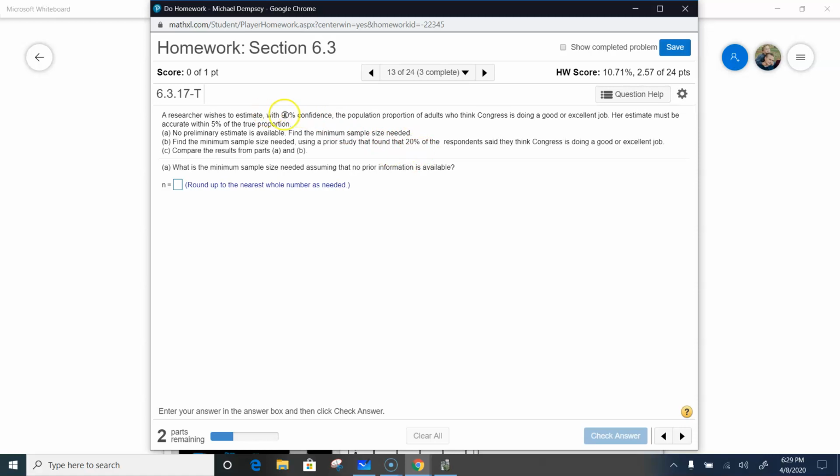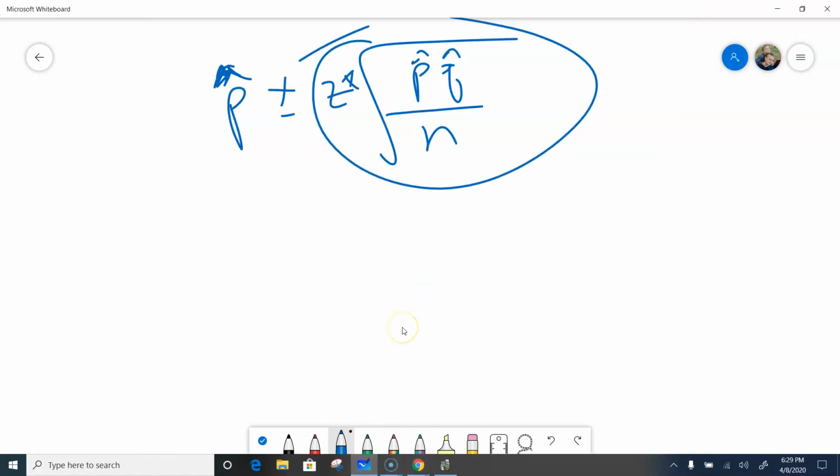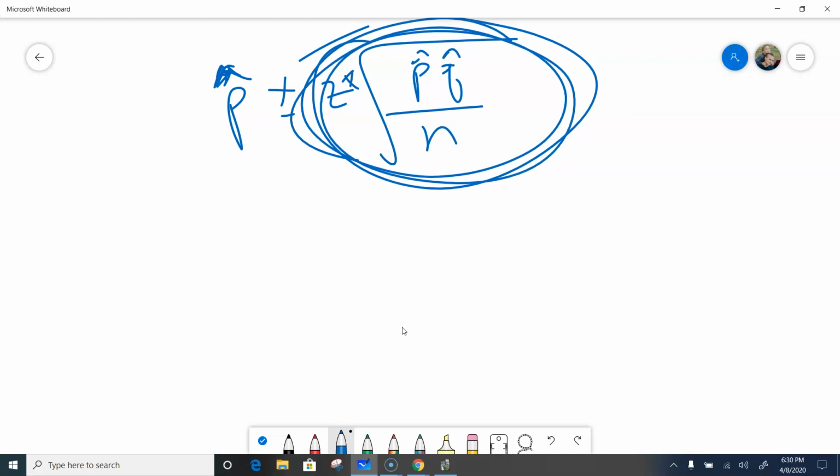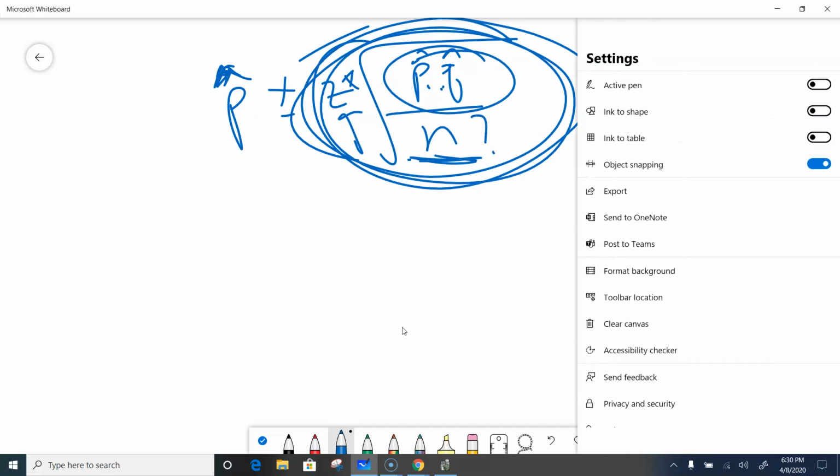Okay, for 90% confidence, the z-star is going to be the same every time. We're basically dealing with this formula right here. Okay, and we want this margin of error to be a particular value. We'll have z-star. If we have no estimate, I'll show you how to deal with that. If we do have an estimate, we plug it in there, and we're solving for n. That is what is unknown. Okay, so let's unpack this.